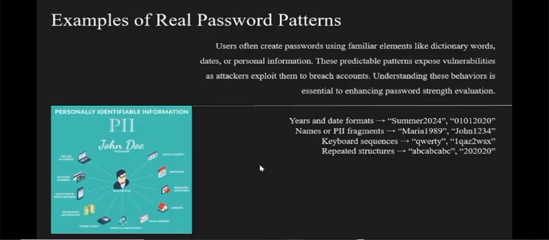Keyboard sequences like QWERTY and 1QAZ, 2WSX are extremely common because they are easy to type. And finally, users often repeat short chunks, ABC, ABC, ABC, or 2020, 2020. These patterns heavily weaken passwords, and our analyzer is designed specifically to detect them.